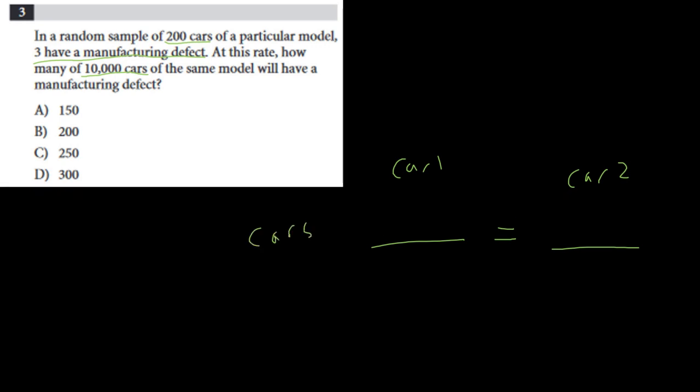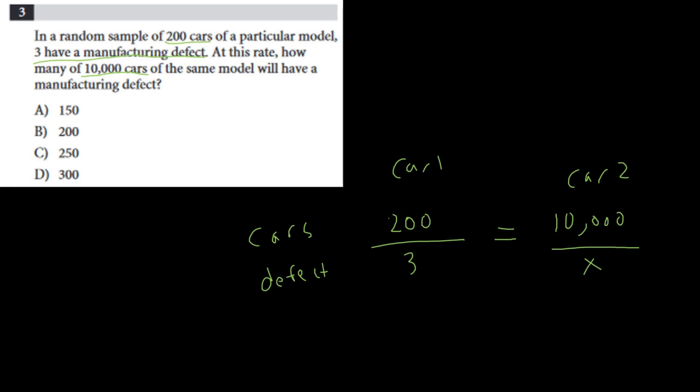On the bottom we can label it defect. So with car 1, we have 200 cars, and 3 of them have a defect. On car 2, there's going to be 10,000, and we don't know how many defects they have.